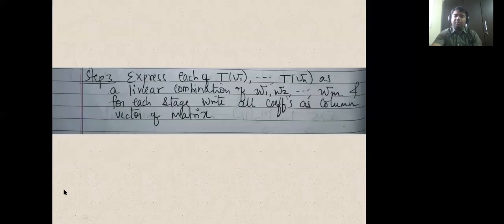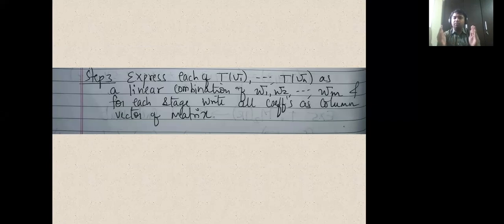Now step number 3 is to express each of T of V1, T of V2, T of Vn as a linear combination of the other side's basis vectors, W1, W2, Wm. So T of V1, you will get one vector, any vector it can be. Suppose it is 2, 3, 1.